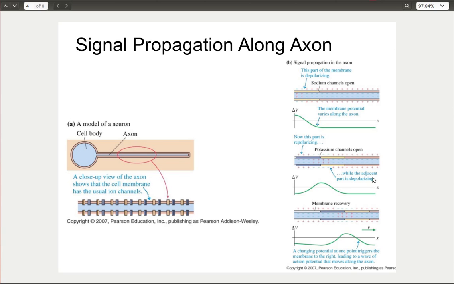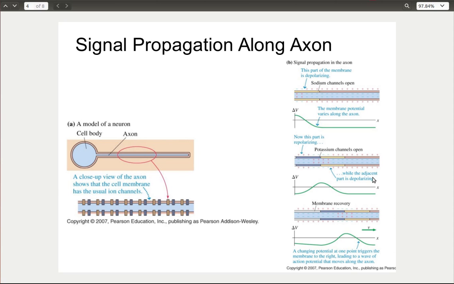Along that axon, there are a combination of potassium and sodium channels that can open up and close in a way that's very similar to a nerve cell. And by opening and closing, they can increase or decrease the potential difference across that portion of the axon.